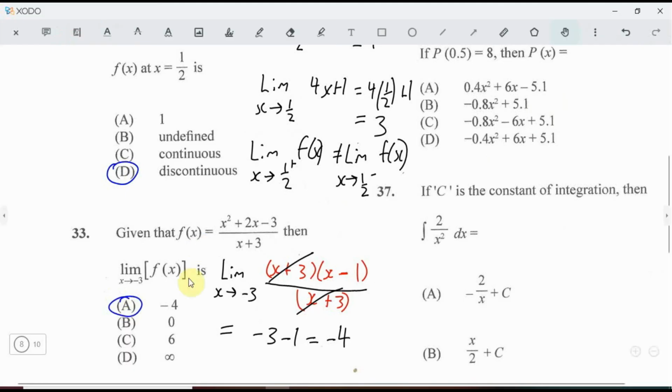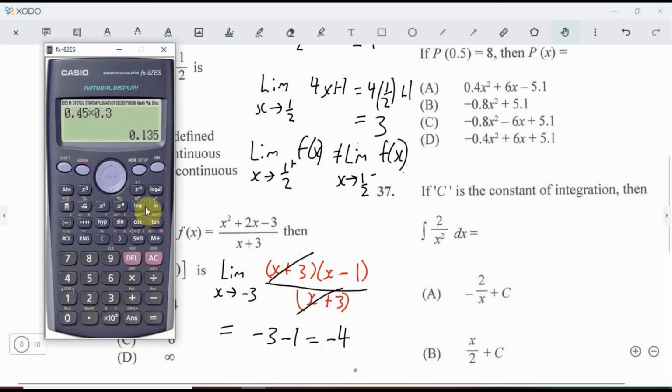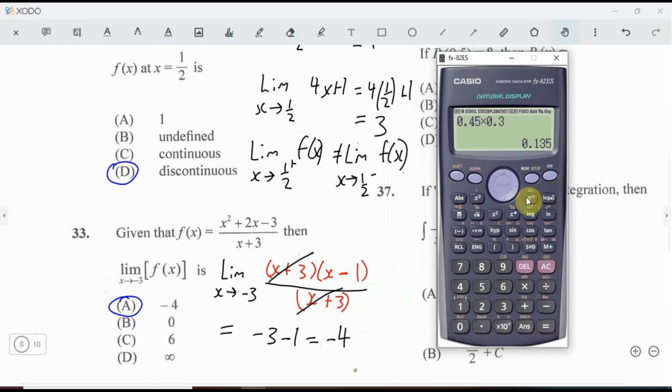Let's say you can't bother to do all of that. There's a quick way to do these questions with your calculator. Take out your calculator and put in a number close to negative 3. Maybe you can use negative 3.01. So look at this: negative 3.01 squared plus 2 times, you use that same number for x, negative 3.01, minus 3, over negative 3.01 plus 3.